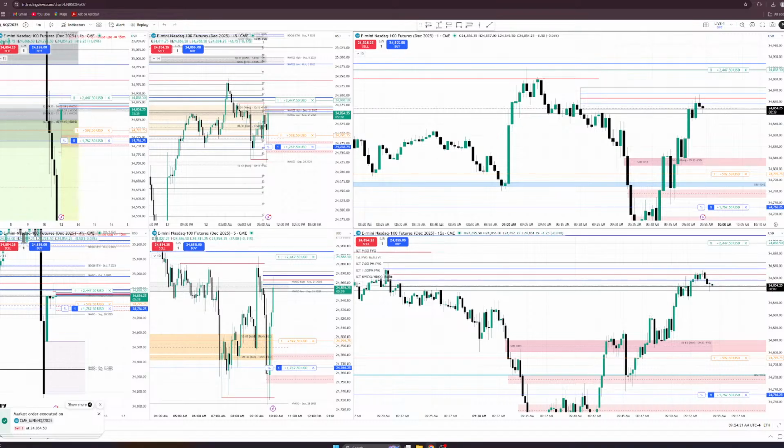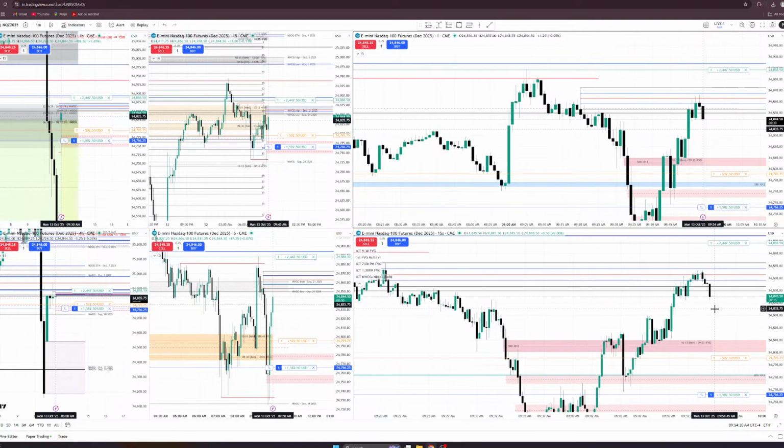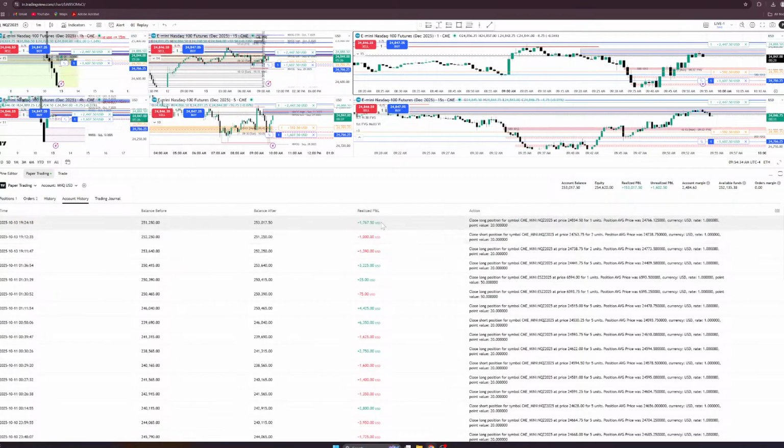So I took one partial here because we are approaching macro window. We are already inside the macro window between 950 and 1010. So price might retrace. So that is the reason I closed one lot partial.